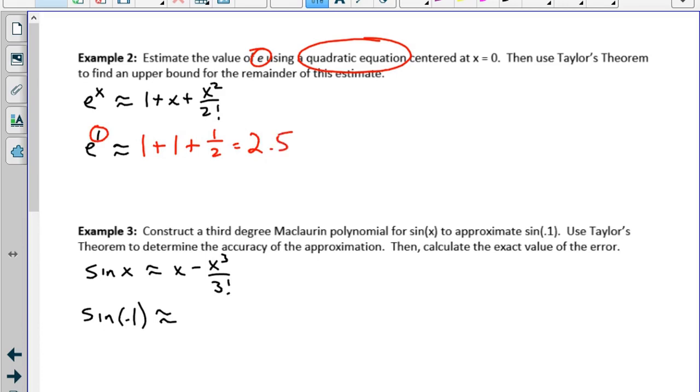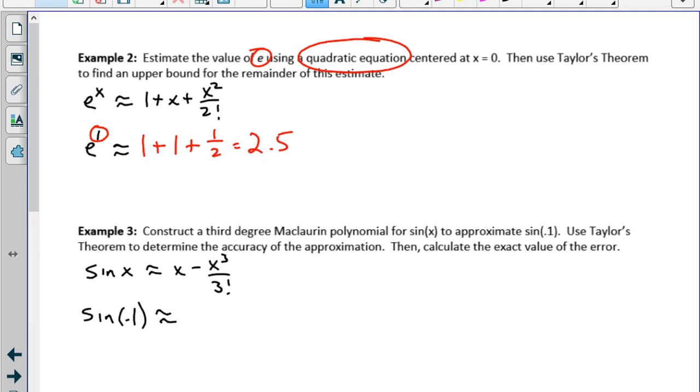And my approximation gives me 2.5 at the quadratic level. So the second degree Taylor or Maclaurin polynomial gives me 2.5, and I know that e is approximately 2.71828 or so. So we know that for real it's off by about 0.21, a little bit more than 0.21.